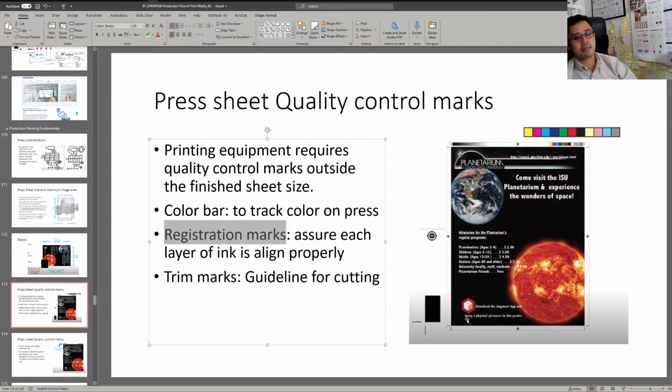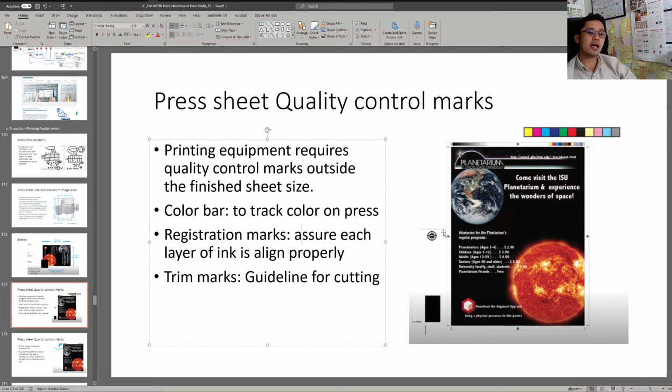Image sini, gambar bumi, gambar matahari dan sebagainya, teks dan sebagainya. So kita kena ada satu tanda lah untuk bantu kita ataupun operator sewaktu proses pencetakan. So this is called registration mark. So operator or ourselves can check alignment. Alignment, jatuhan dia tu tepat ataupun tidak, sebagai panduan.